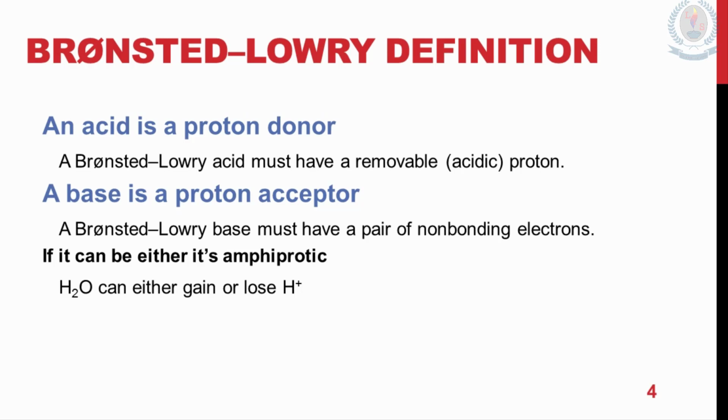A Bronsted-Lowry base must have a pair of non-bonding electrons. If it can be either, it's amphiprotic, that means it can gain or lose a hydrogen ion. An example is H2O, water. The water molecule is amphiprotic.